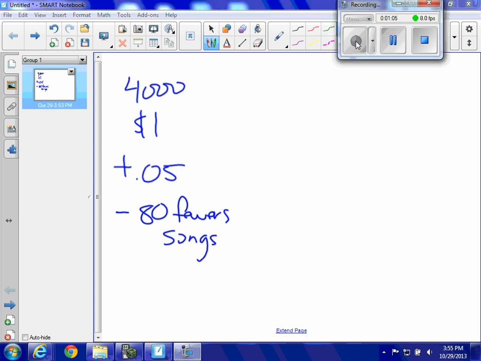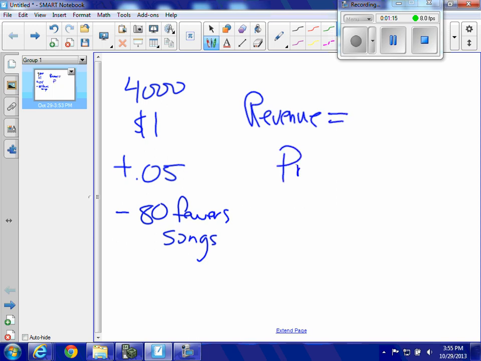The first thing I have to know is that revenue, R-E-V-E-N-U-E, is equal to the price times the number of units. We can see that pretty clearly with the information they gave us. They sell 4,000 songs a day at $1 per song.